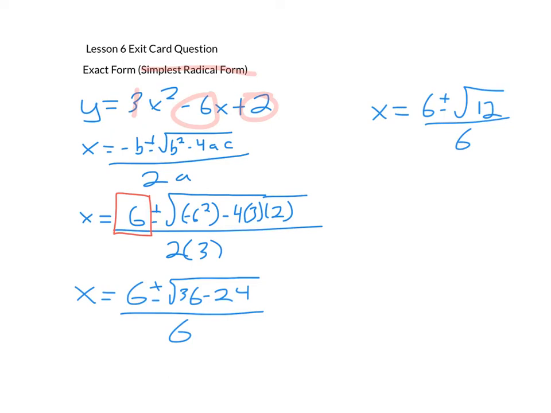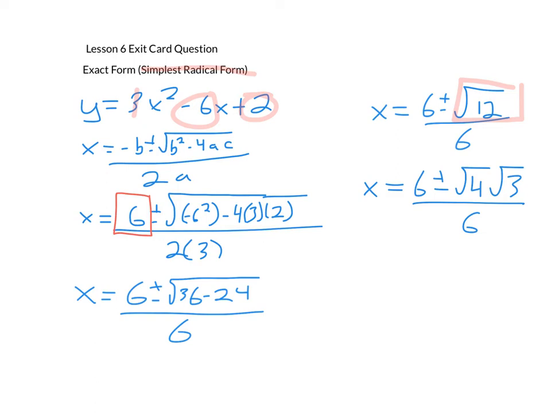Here's where we diverge from what we've been doing previously, and we consider our root. We look at it and try to determine if it's possible to remove a perfect square from that term by simplifying our radicals. In this case, that is possible because 12 is made up of 4 times 3.